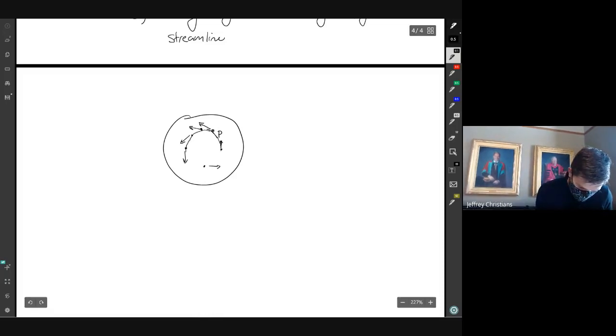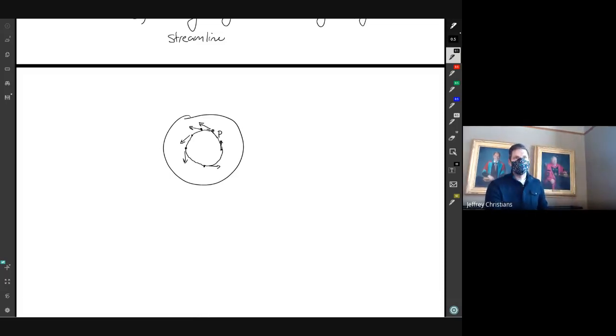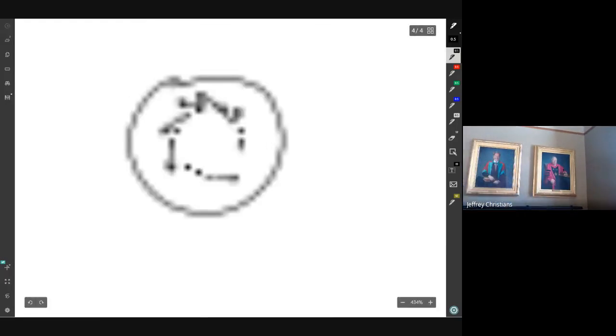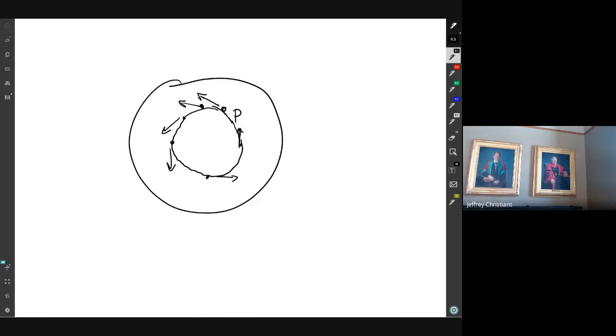So the streamline is always perpendicular to the particle that's moving, is that what? The streamline is always, and again, we're going to keep doing this because it's going to be important, but the streamline, which is the line here, is always tangent to the velocity at any given spot along the streamline.